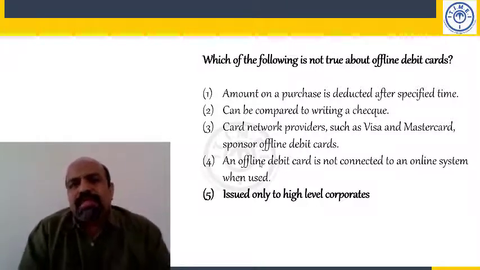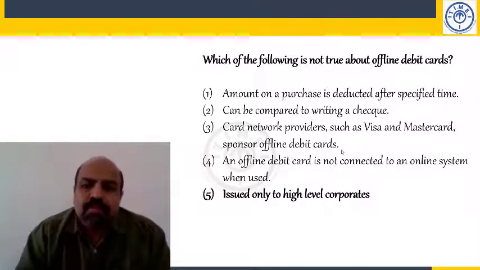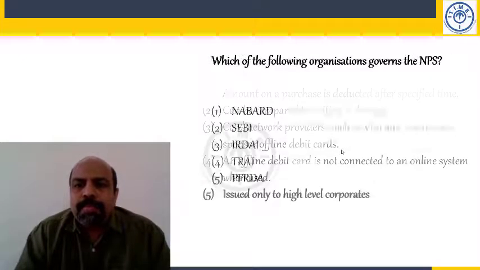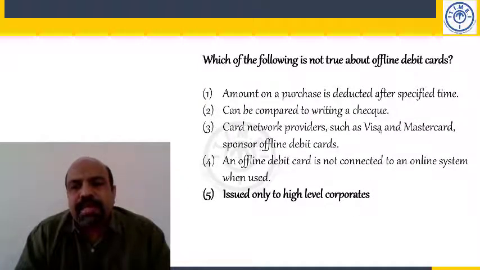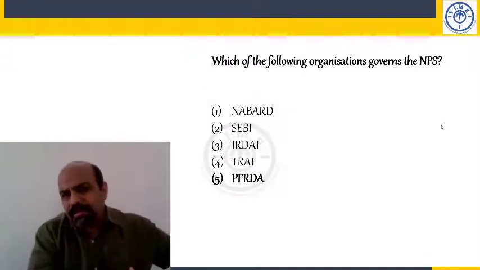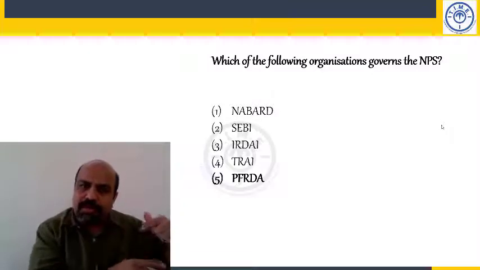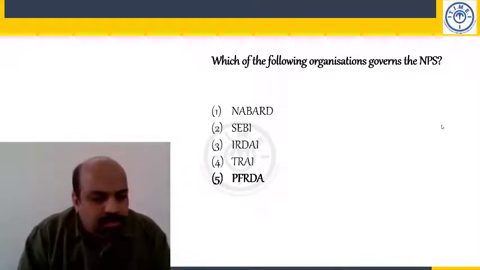But in India, to a large extent, some kinds of cards are bad. By the way, anyone can get an offline debit card. A debit card is where you have money in your account. It's linked to your savings account or current account, and it's directly debited from that account only.